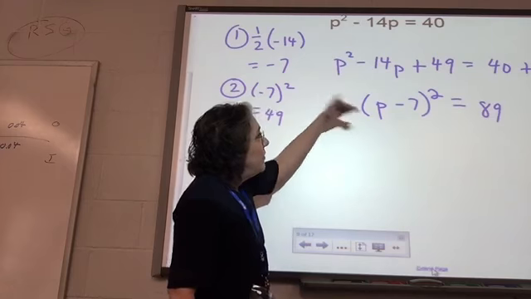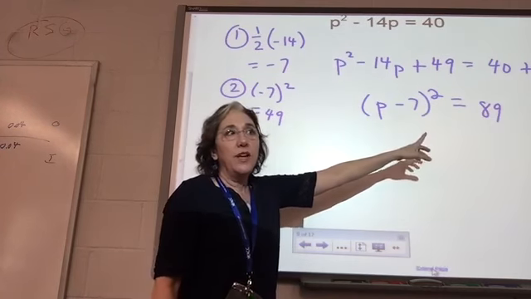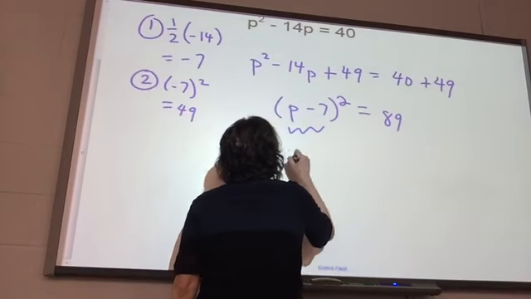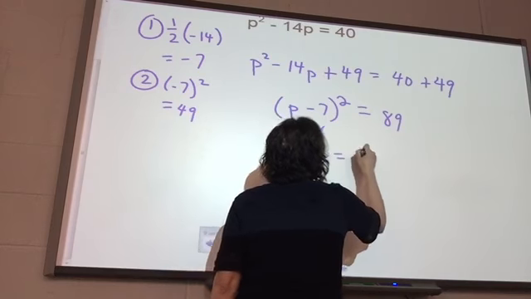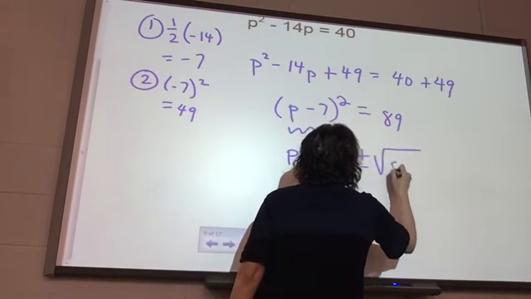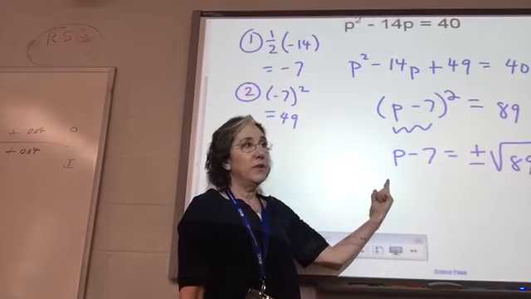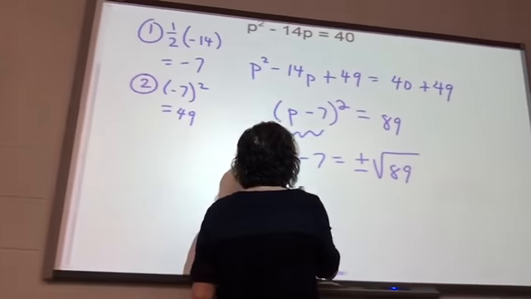Okay, so we've got a square equals a number. Now we're going to use the square root method. So we say that the inside, the p minus 7, is equal to the positive or negative square root of the other side. And then one last step, add the 7.